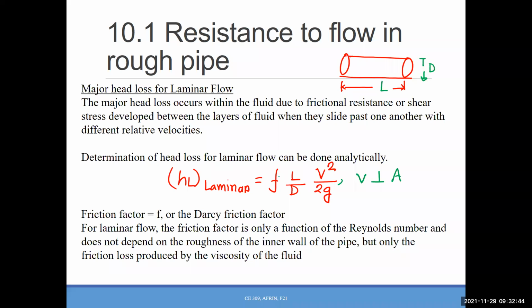And this f is called the friction factor. There is another name, Darcy friction factor. We will discuss why it's called the Darcy friction factor, but this f is the friction factor. And for laminar flow, the friction factor is only a function of Reynolds number, okay? And it does not depend on the roughness of the inner wall of the pipe.